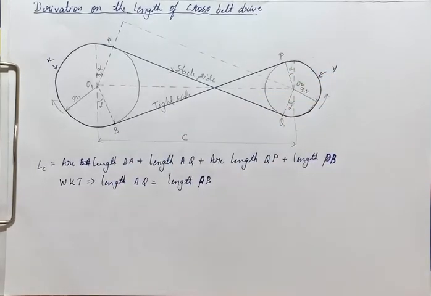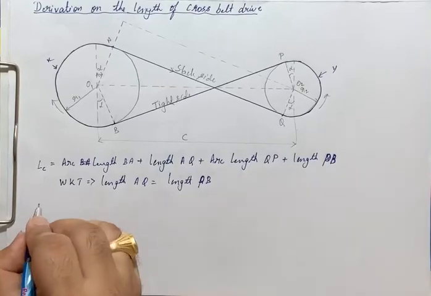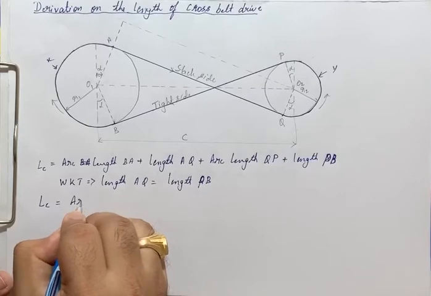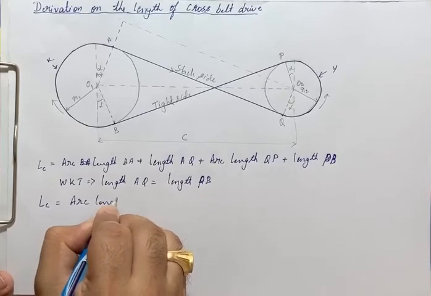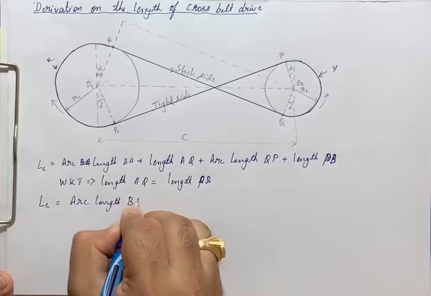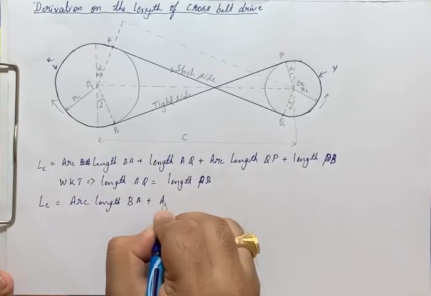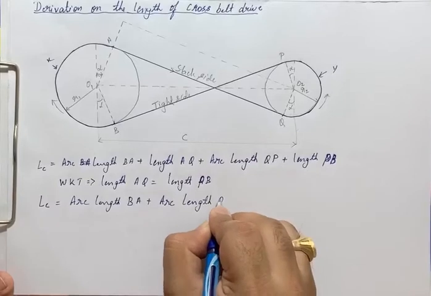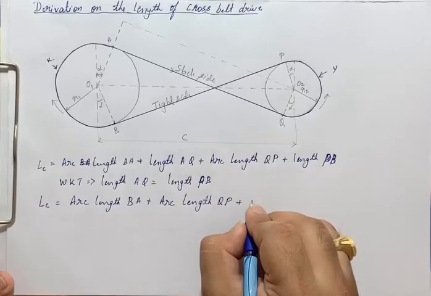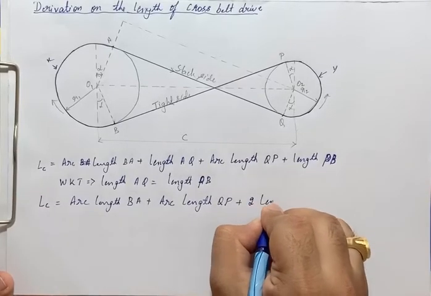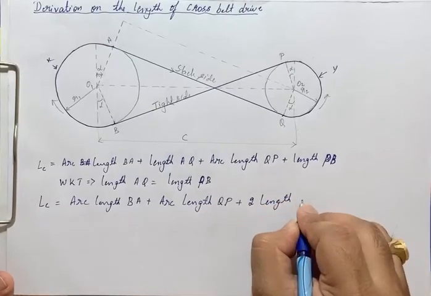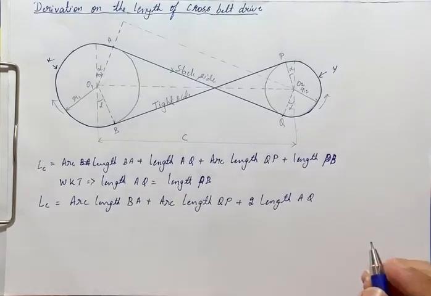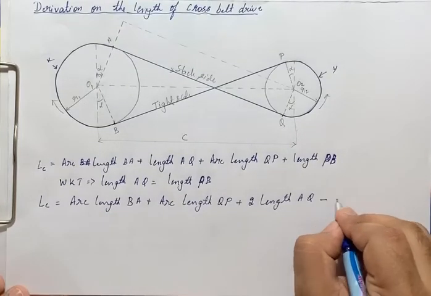So I can write LC, the length of the cross belt drive, as arc length BA plus arc length QP plus 2 times length AQ. Call this equation number 1.